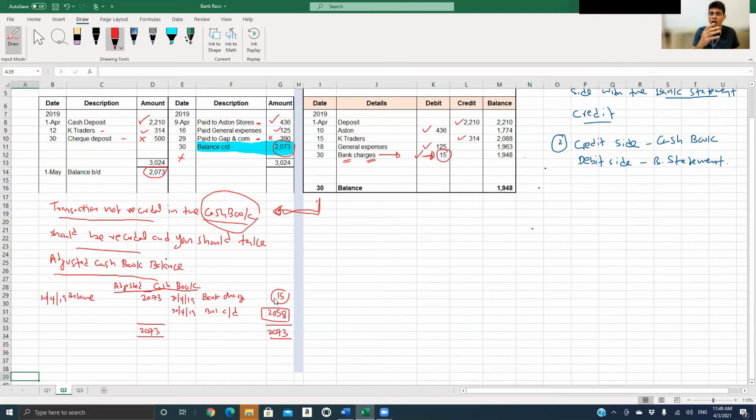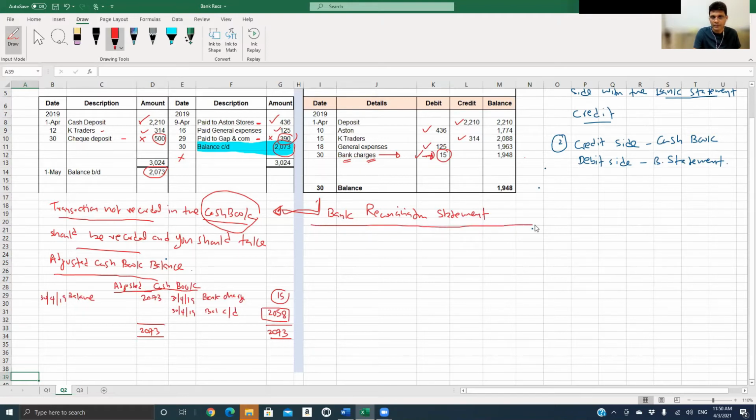Now, what we have to do, we have identified two differences, right? Apart from that, now we have to prepare the bank reconciliation statement. Okay.